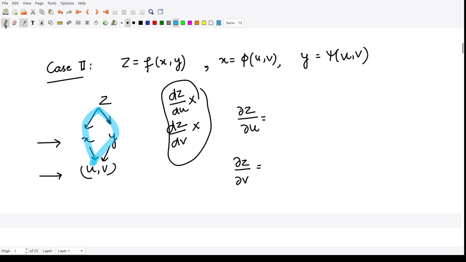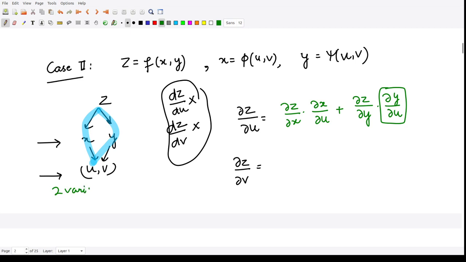So what you have in effect is the partial derivative of z with respect to x, and then the partial derivative of x with respect to u. And we have the partial derivative of z with respect to y, and then the partial derivative of y with respect to u. Why partial derivatives here also? Because at this particular level we have 2 variables. So that is why we use this symbol del.